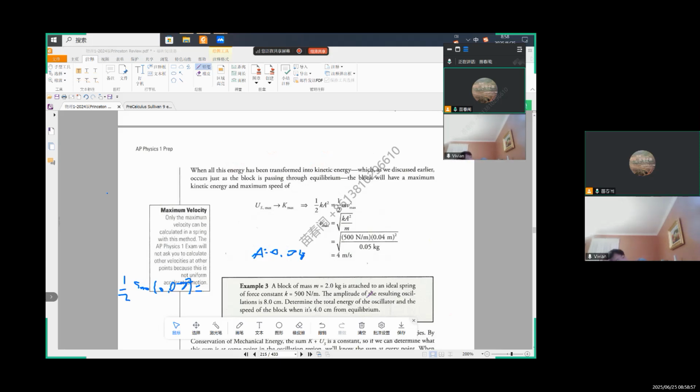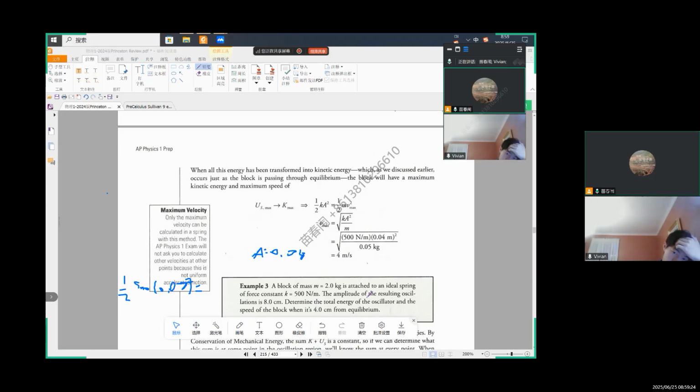But later you decrease your elastic energy and turn it into kinetic energy, right? So the total energy is you can add these two together, or because of conservation, you can just find the original, the starting elastic energy, which is the total energy.